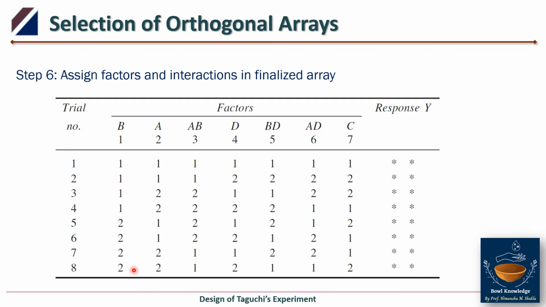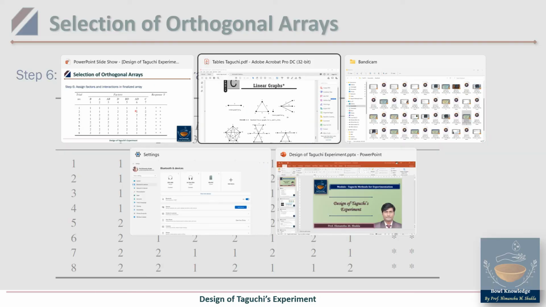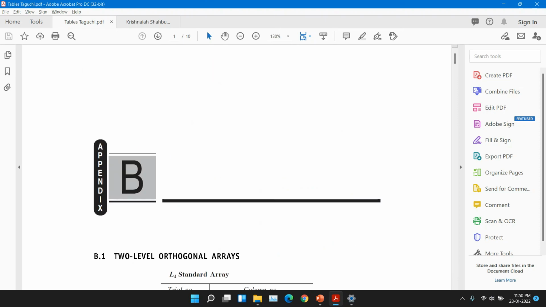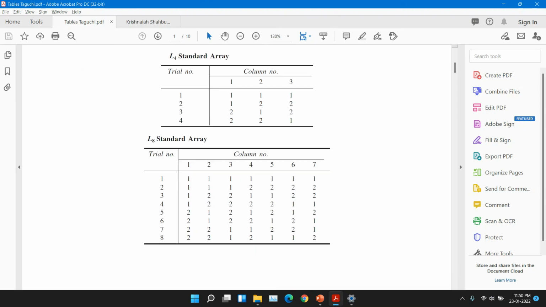Now these readings are still blank because these are the level readings. How many levels do I have for every factor and interaction? The level is 2. So this is populated again by using the tables. In this table, Appendix B, standard L8 array, it gives you the readings which are to be filled in the matrix.